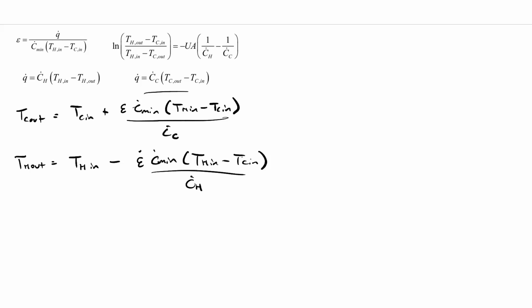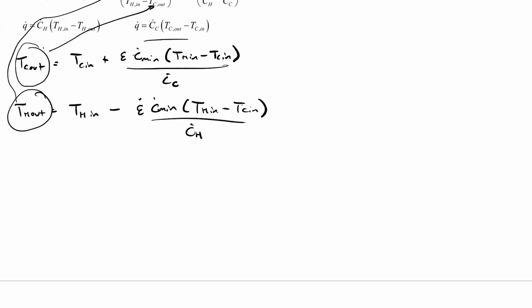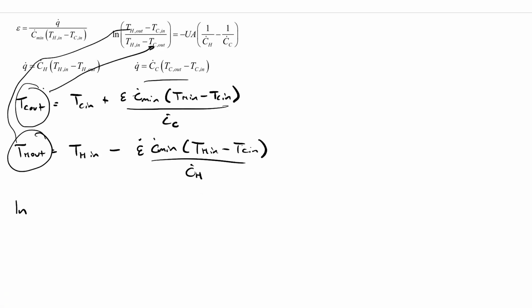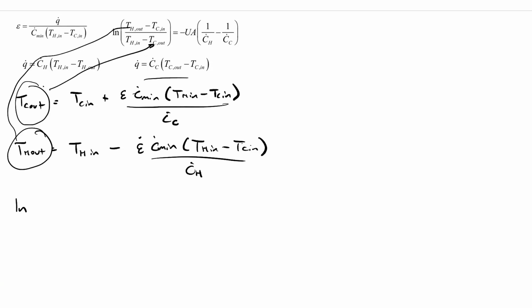Okay, so let's take these now. TC out is going to get substituted in here, TH out is going to get substituted in here. And then we end up with kind of a messy equation, but we'll see how it ends up simplifying out. Okay, so write this out. It's going to be ln of all this stuff substituted in.